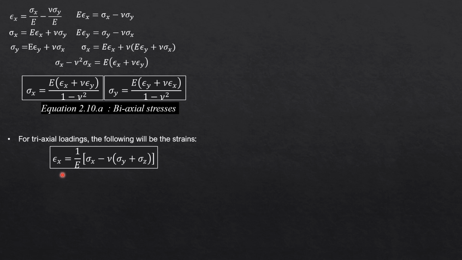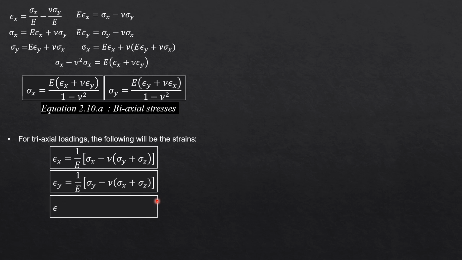Likewise, strain along y, we just pattern this formula, would be 1 over E quantity sigma y minus Poisson's ratio quantity sigma x plus sigma z. And strain along z would be 1 over E quantity sigma z minus Poisson's ratio quantity sigma x plus sigma y.